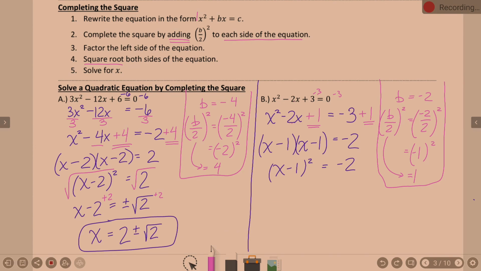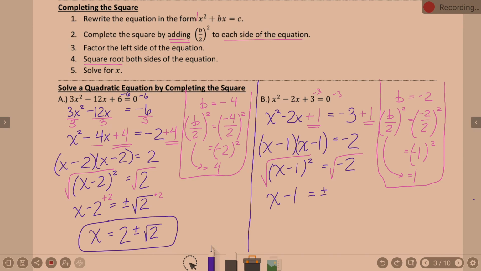So I'm going to square root. What is the square root of x minus 1 quantity squared? X minus 1, right? When you square root a square, you get what's under the radical or in the parentheses. Square root of negative 2. Plus or minus? Square root of 2.